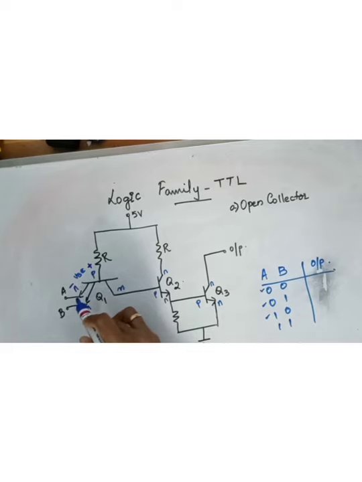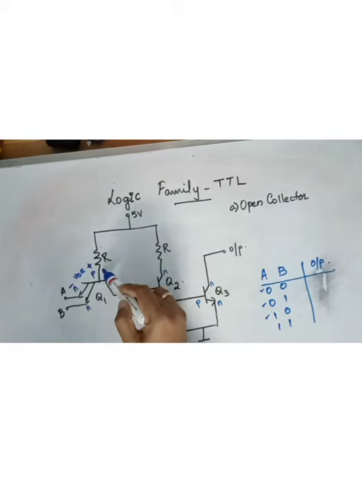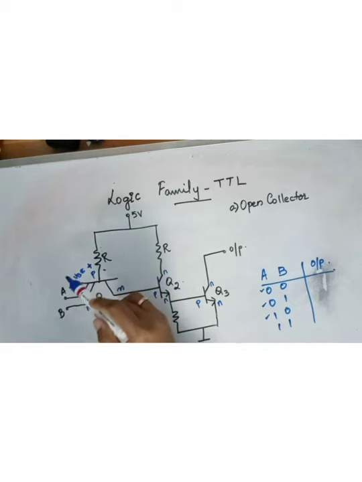Base emitter voltage is positive and it's greater than the cut-in voltage because here you have 5 volts. So naturally, after the voltage drop across this resistor, you will have more than 0.5 volt across the base emitter, so that this transistor is on.